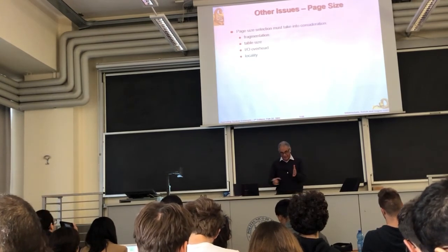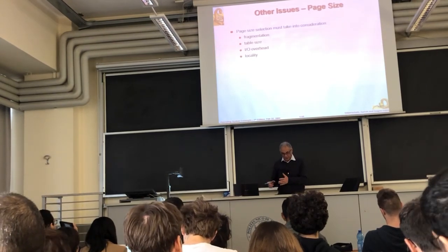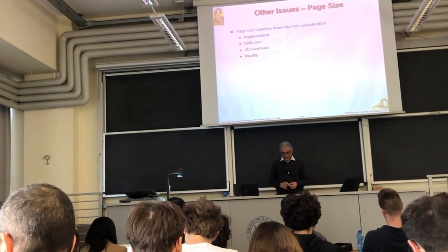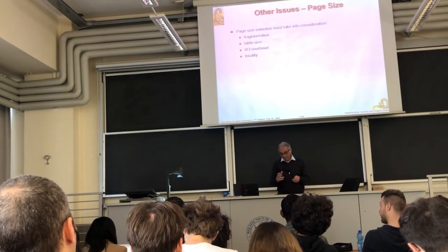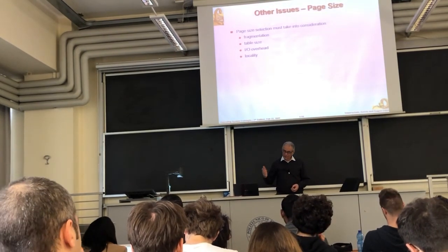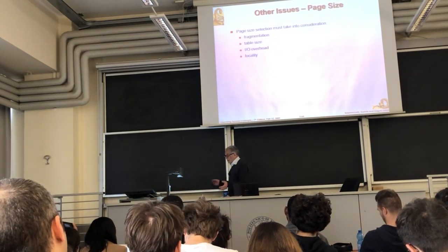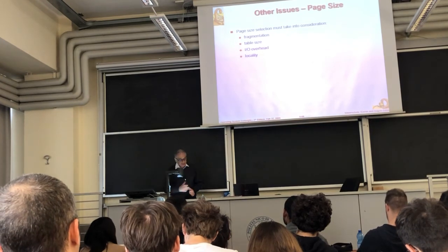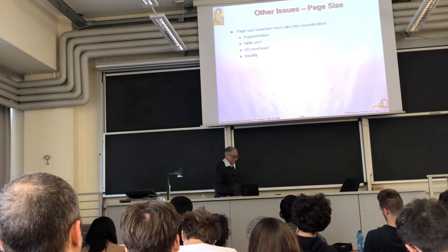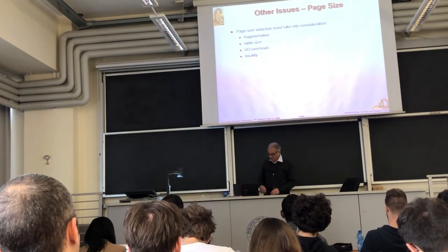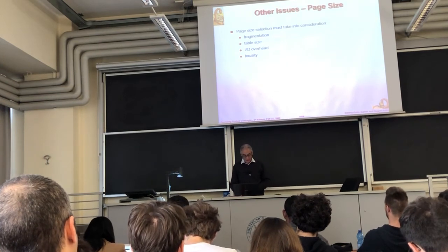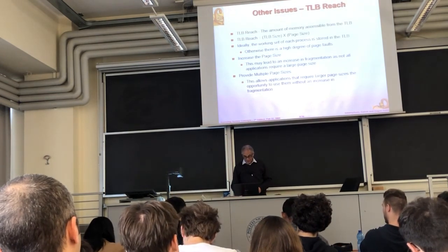So in modern disks, you have 4 kilobytes or 8 kilobytes for cluster blocks, and memory also is now less expensive, and you have gigabytes of memory, so the dimension of the pages is typically 4 or 8 kilobytes.